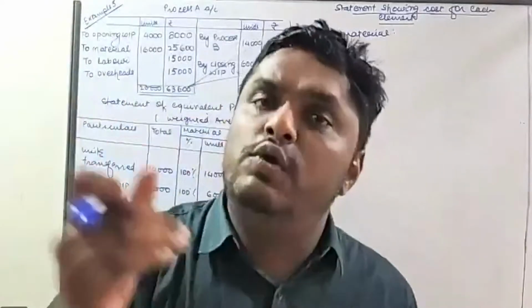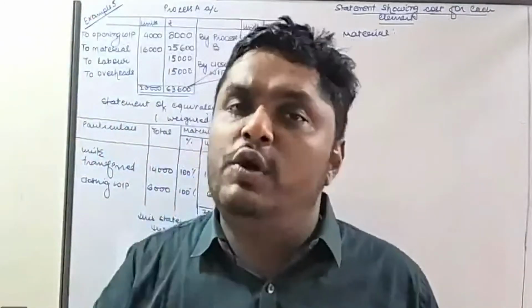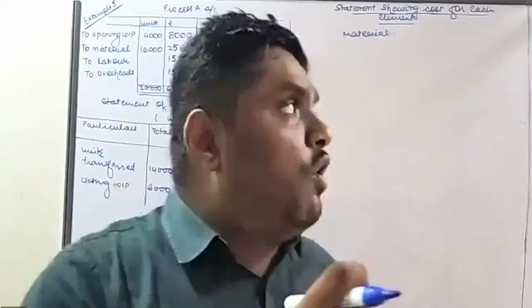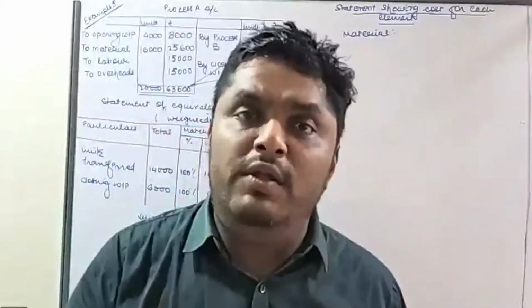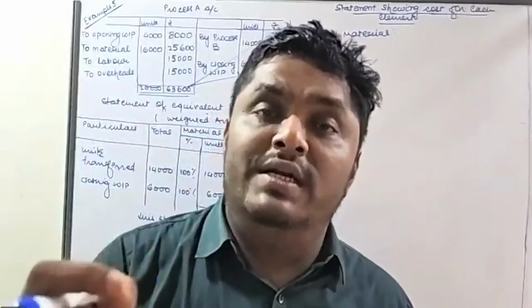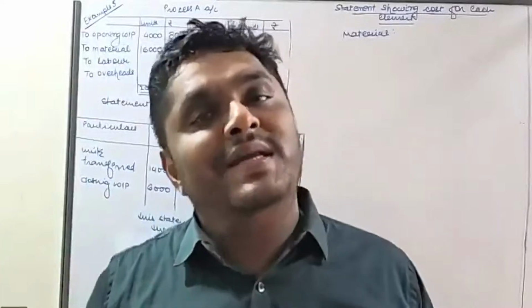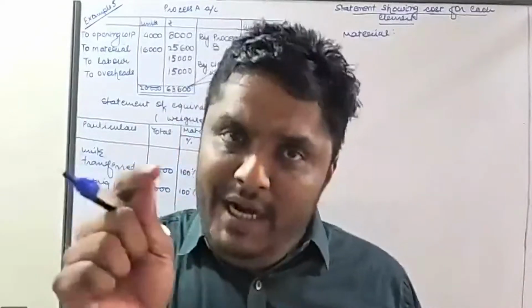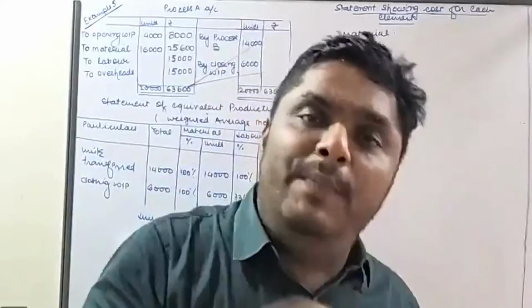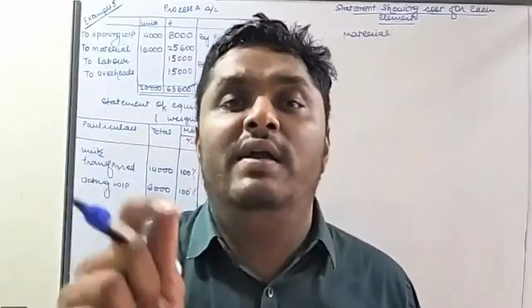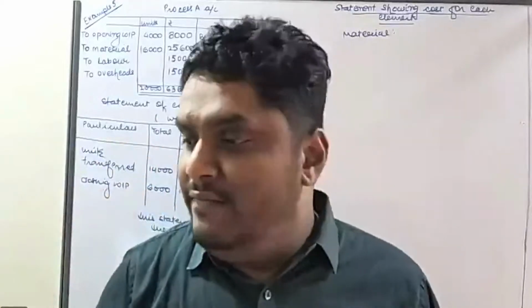That is पिछले साल जो काम किया उसके भी units लिए और इस साल जो काम किया उसके भी units लिए. So while calculating the cost per unit, we will take the total cost, that is the cost of the previous year plus the cost of the current year divided by the units of the previous year plus the units of the current year. This is what we call as the weighted average method.